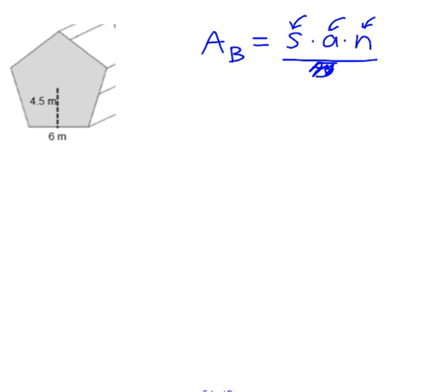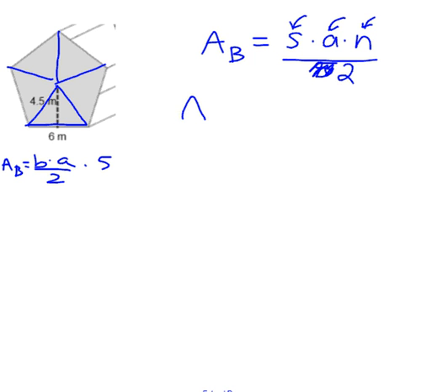If you forgot this formula, you can always see it as a triangle. You see that triangle? It would be base times height divided by 2, and there are 5 triangles like that, so you can also do times 5. You realize that it ends up being the same thing, right?